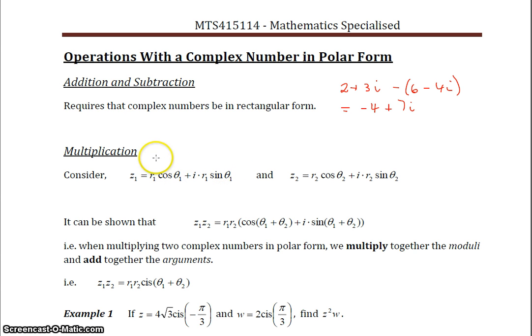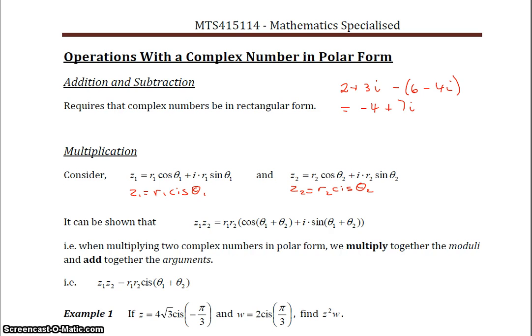So if we first of all have a look at two complex numbers, z1 and z2. z1 is given by r1 times cos theta 1 plus i r1 sin theta 1, or more simply, we might think of it as z1 equals r1 cis theta 1, and z2 equals r2 cis theta 2. So that's polar form for both of those complex numbers.